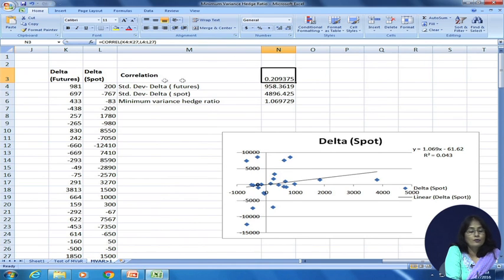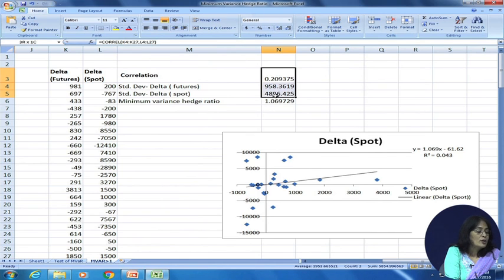the correlation between spot and futures has come down to 0.20 from the earlier correlation of 0.53, and the standard deviation of delta futures is 958, standard deviation of delta spot is 4896. So just to give you an example, the standard deviation of delta spot is almost 5 times the standard deviation of delta futures.